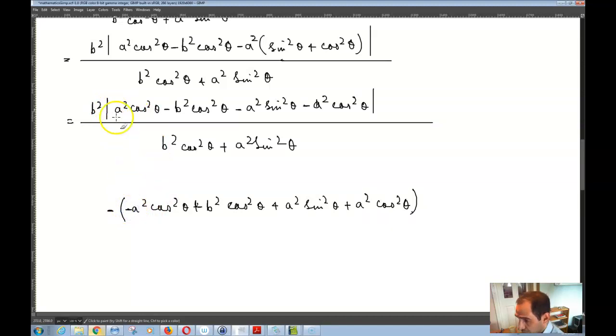I need a negative there because this becomes positive. So negative a squared cos squared theta and a squared cos squared theta, these two would cancel out, and then you have the same thing, b squared cos squared theta plus a squared sine squared theta. That's how you do it. So if you take a negative out, these two will cancel out, and you will be left with this exact thing.